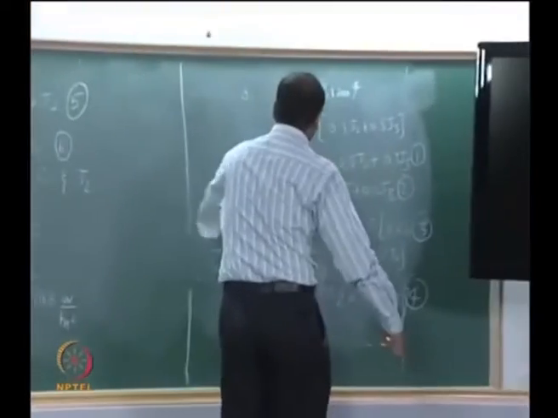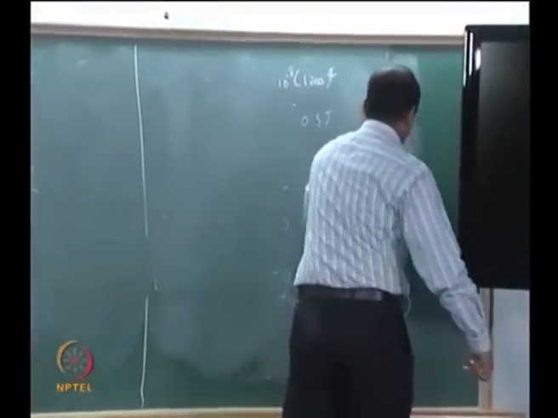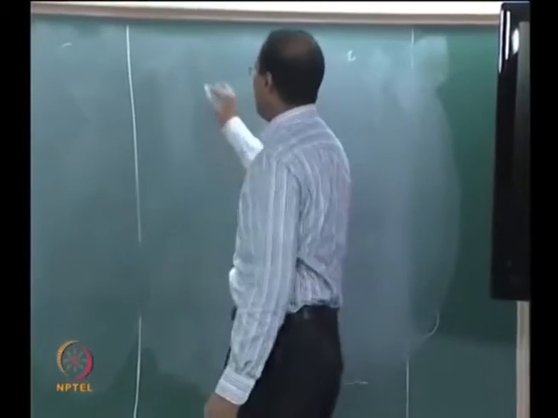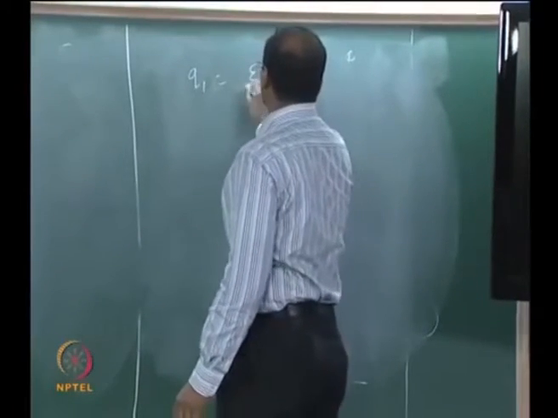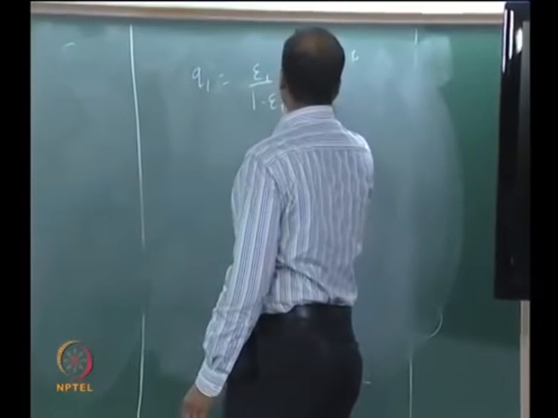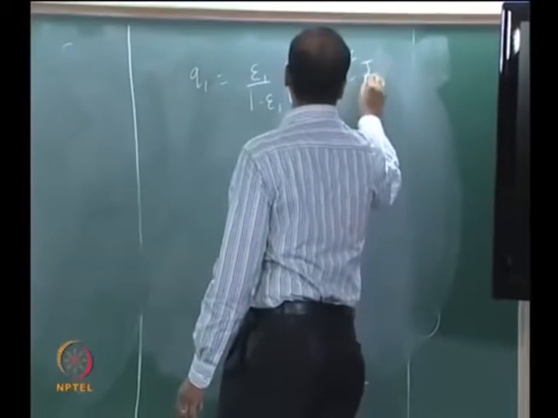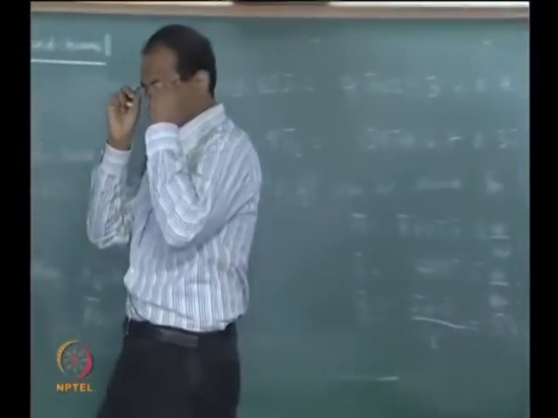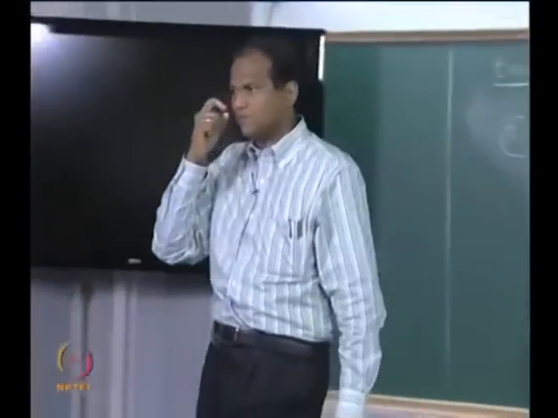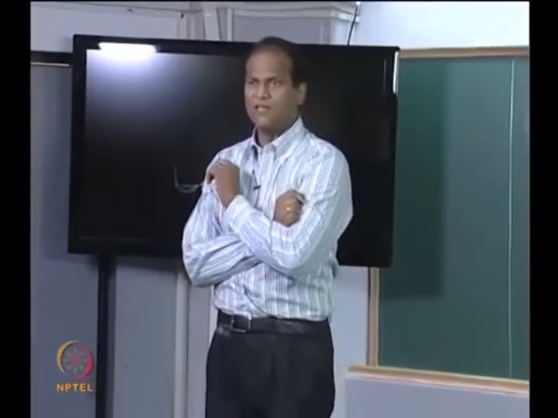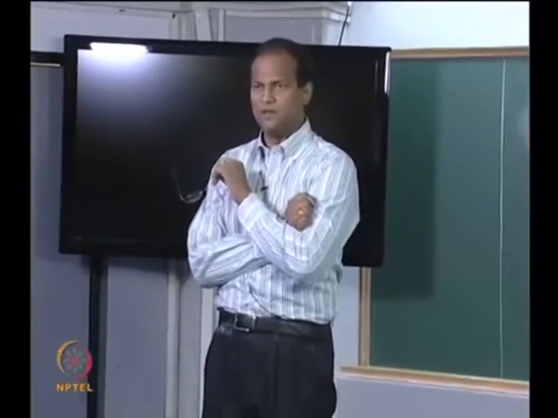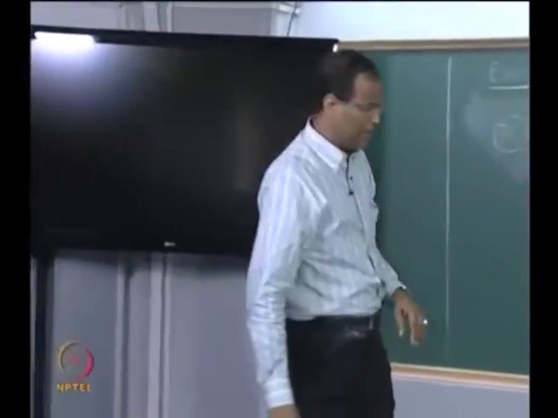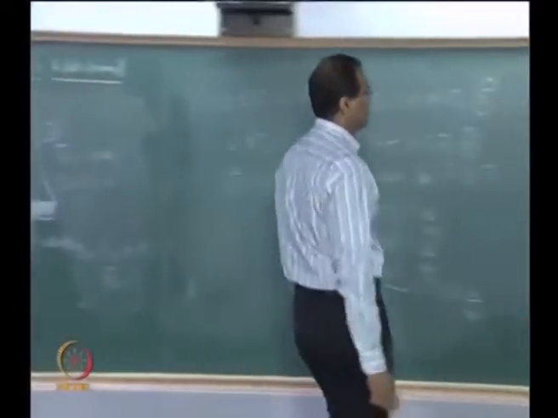Now, Q1 is equal to, this is correct. We got the expression for Q in terms of G1 as well as J1. Now you can write the expression for Q1. So what do you get?